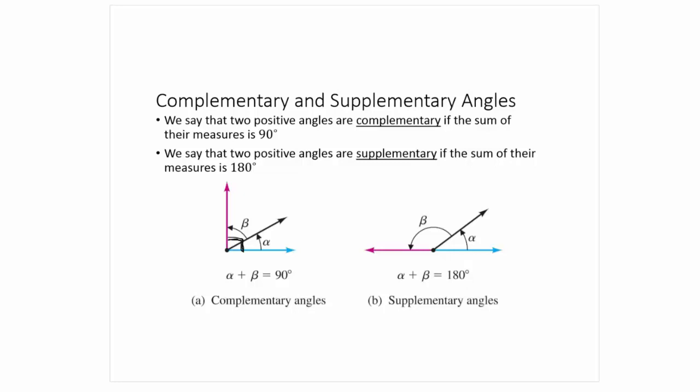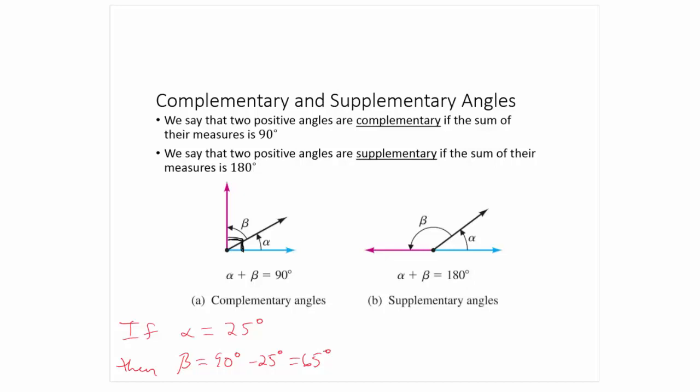And so if alpha measured 25 degrees, then we could easily calculate the measure of beta. Beta would equal 90 degrees minus 25 degrees, and that would equal 65 degrees.